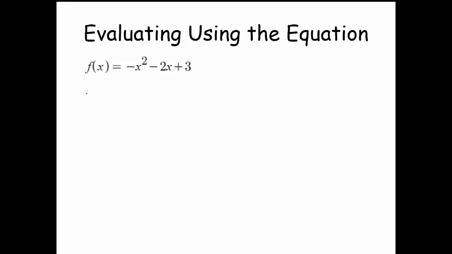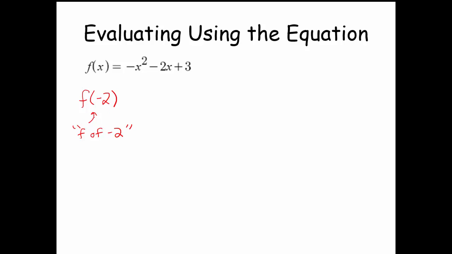What if we wanted to have an input value of negative 2? We would write this as such. The way that you would pronounce that is "f of negative 2."